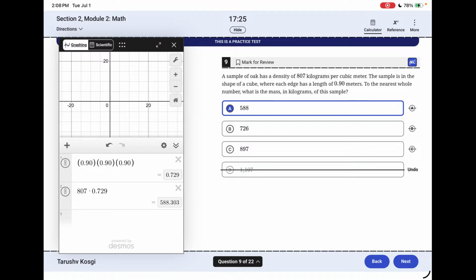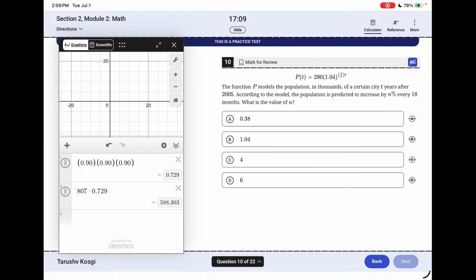So it's not this, it's a cubic meter. Yeah, so this is 0.729 cubic meters. So, I guess that's the answer I got.